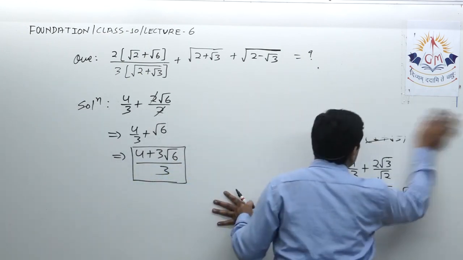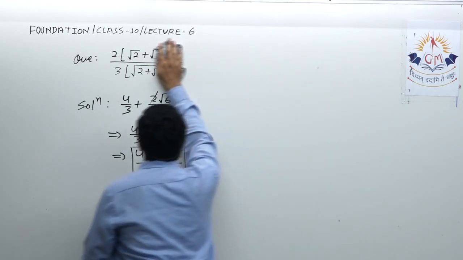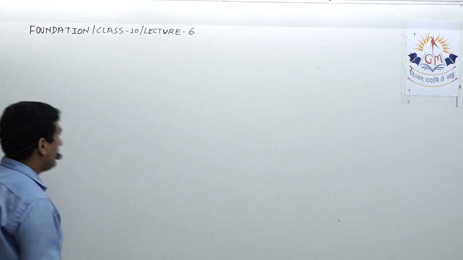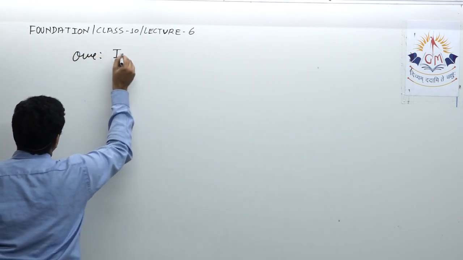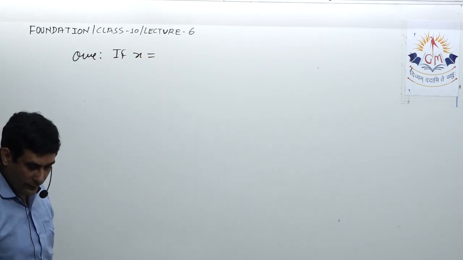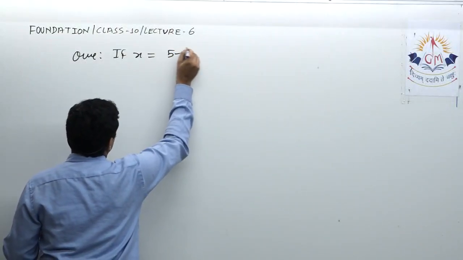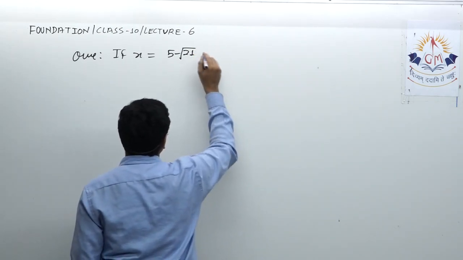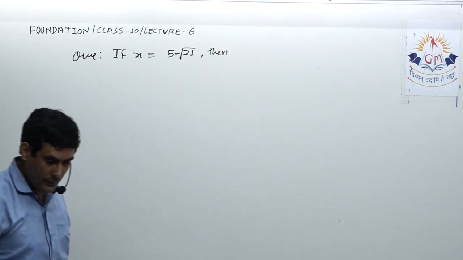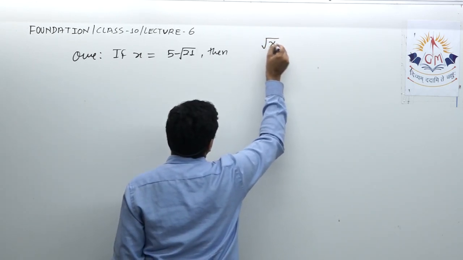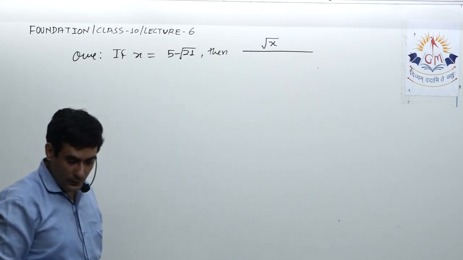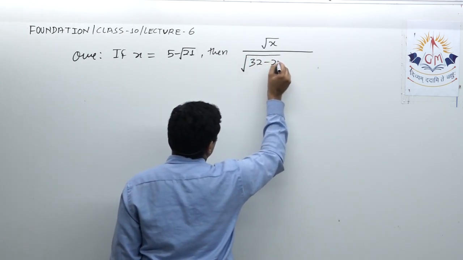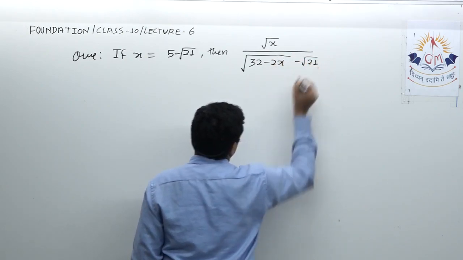Okay, now we'll see the next question. The next question is, if x is equal to 5 minus root 21, then find the value of root x upon root 32 minus 2x minus root 21.